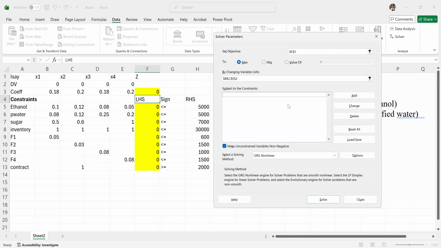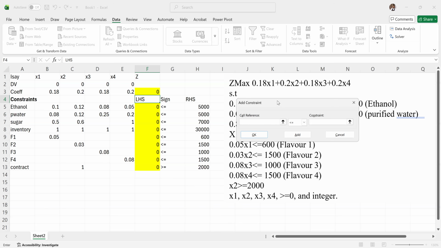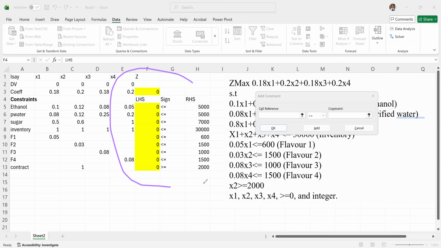Once you click there, you see a diamond ring. Then you choose add. The moment you choose add, move the constraint window away from this section, because you want this section to be showing and you want the sign to be there.